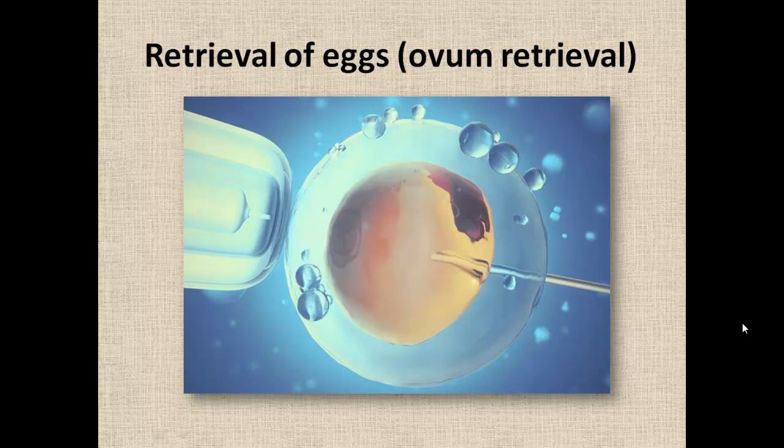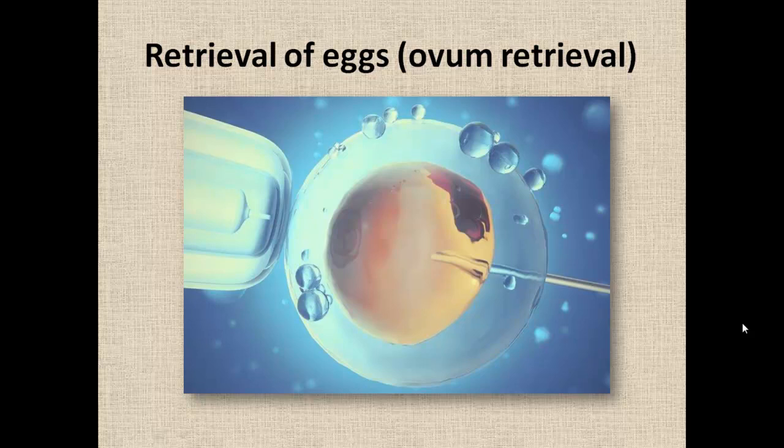And the third, retrieval of eggs, ovum retrieval. Egg retrieval can only be done about 34 to 36 hours after mama receives the HCG injection. In order not to feel pain when taking eggs, mama will be anesthetized first.